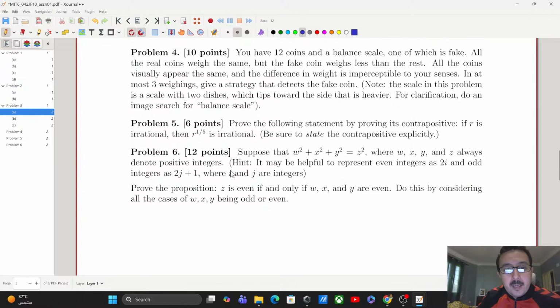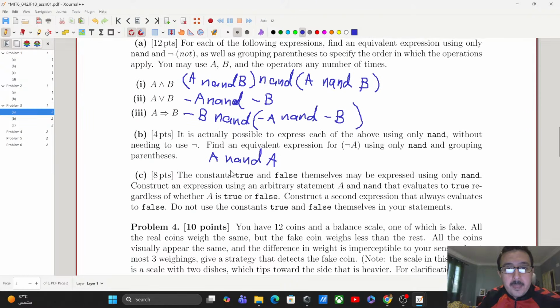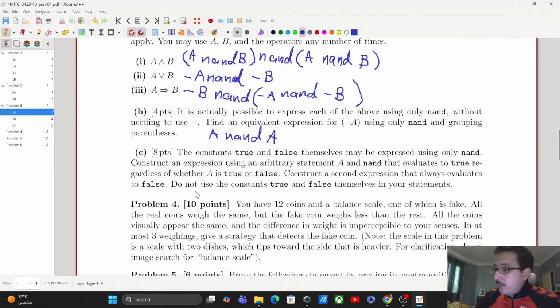So, here, I'm gonna say A, NAND A, NAND A. It's gonna be true.